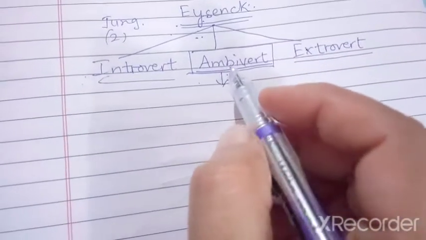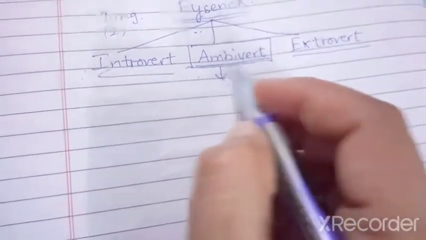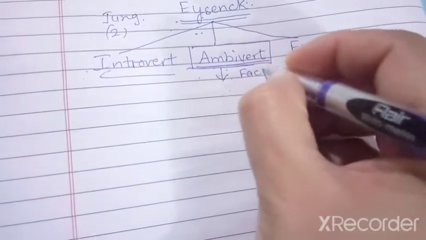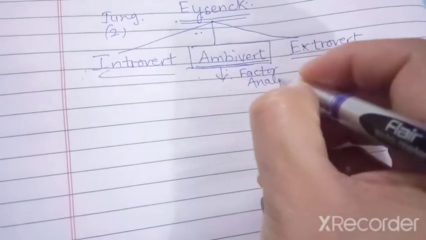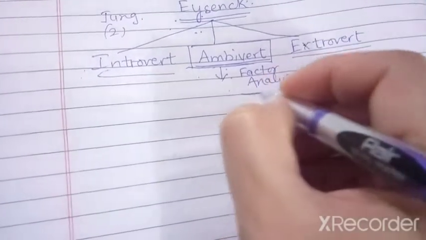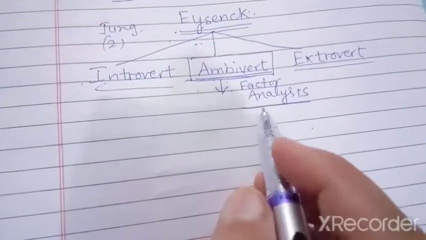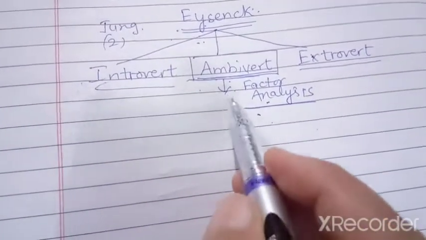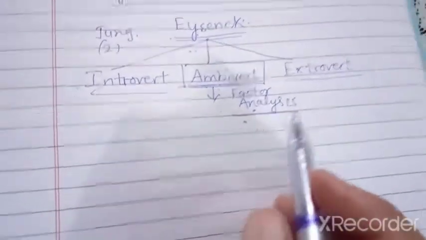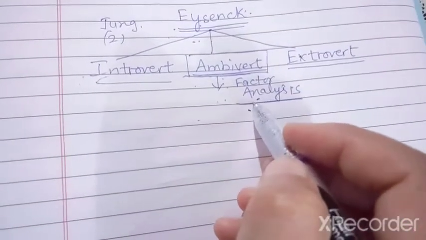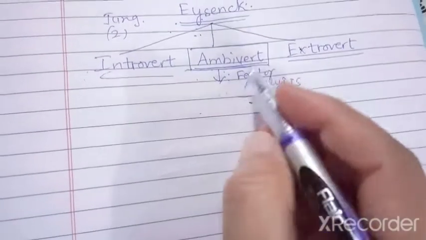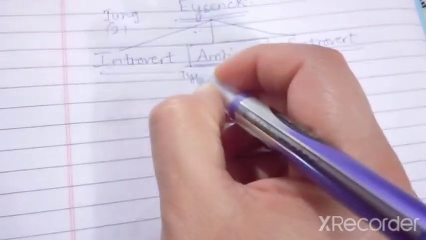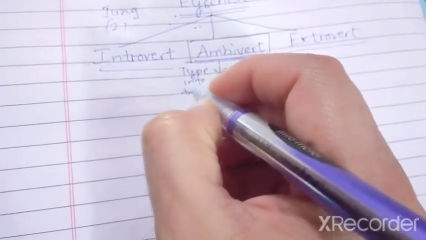So he wanted to change this ambivert type into traits. That is why he started using the factor analysis method. Factor analysis is basically a statistical method with the help of which we can change any type into a trait and a trait into a type. So he used the factor analysis method on this ambivert type, and he changed this type into traits.